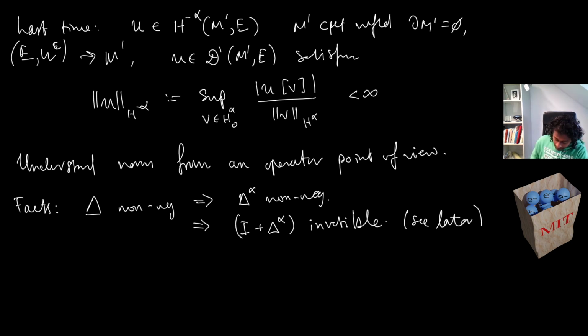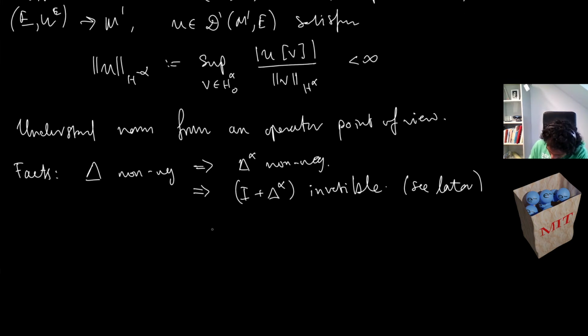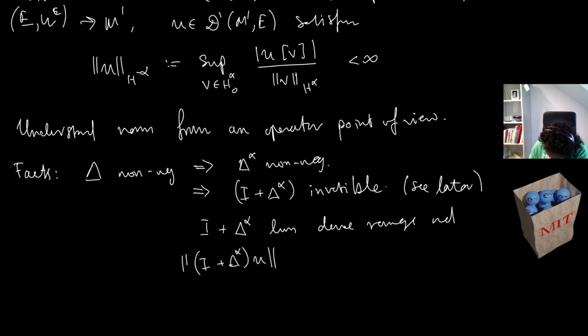So remember what it means for an operator to be invertible. It means that 1 plus Laplace alpha has dense range and there exists some constant, say, that depends on alpha, so we have such an inequality.